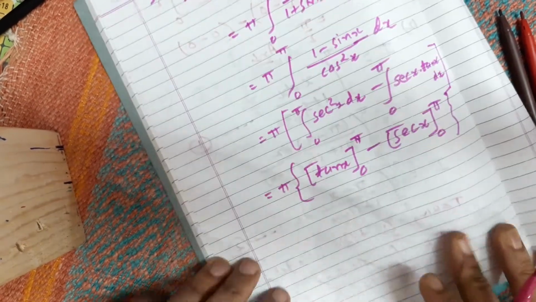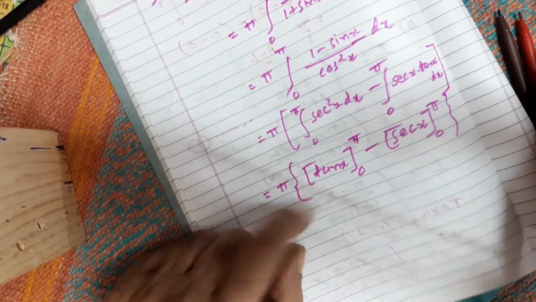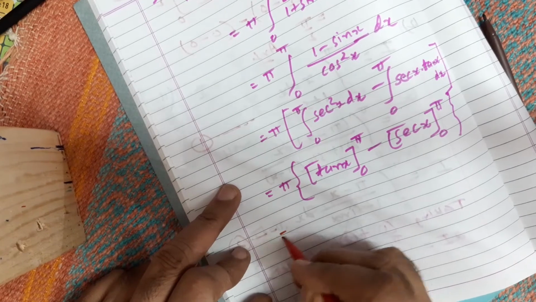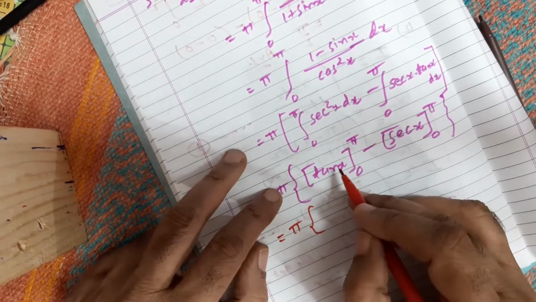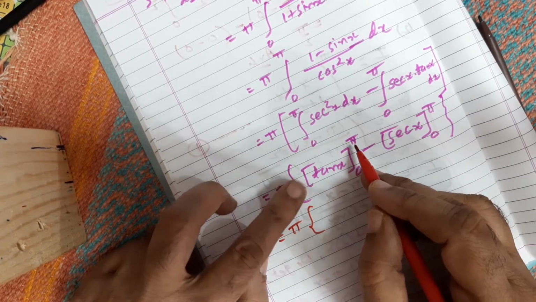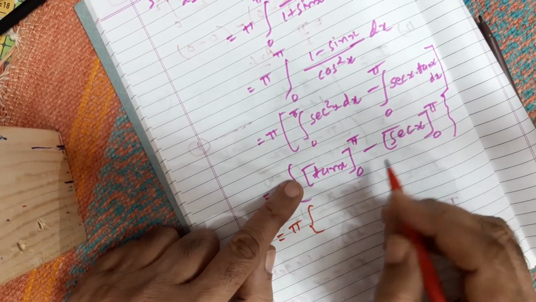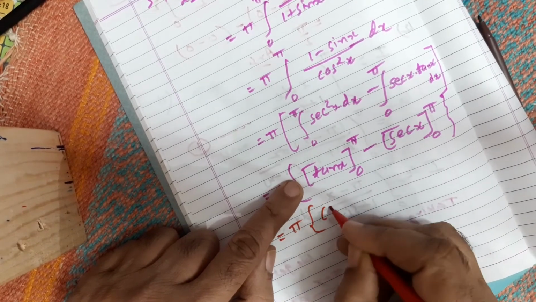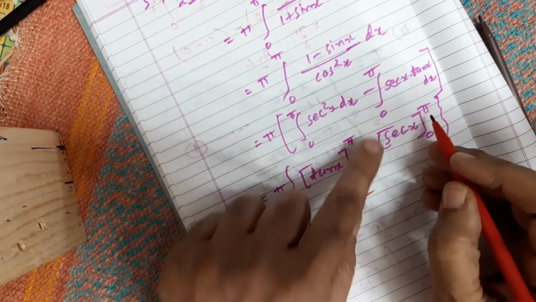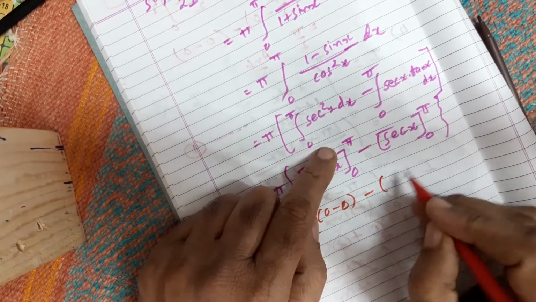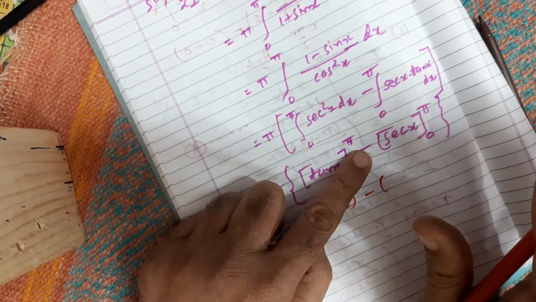Now put upper limit minus lower limit, so that is equal to pi into, now see, upper limit is pi, so tan pi is 0, tan 0 is 0, so the first term is gone, it is simply 0 minus 0. Here sec pi will be minus 1, that we should know from trigonometry.